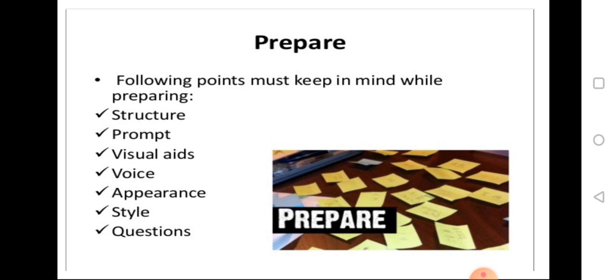Prepare. Before every presentation, we have to prepare, and we should keep in mind the following points: structure. What should be the structure of our presentation? Prompt, visual aids, what visual aids we are going to use, voice modulation, appearance.